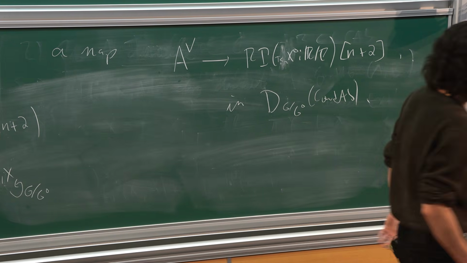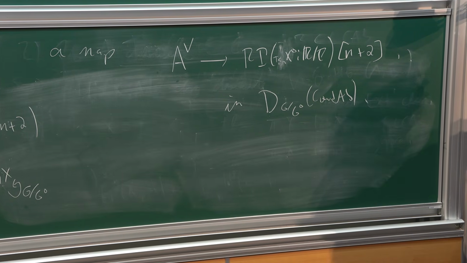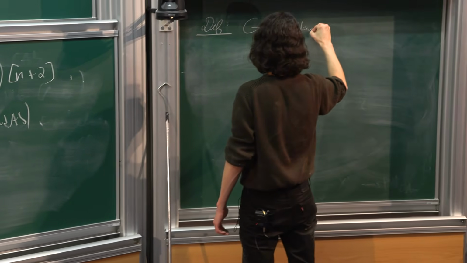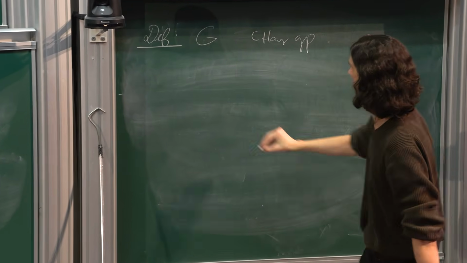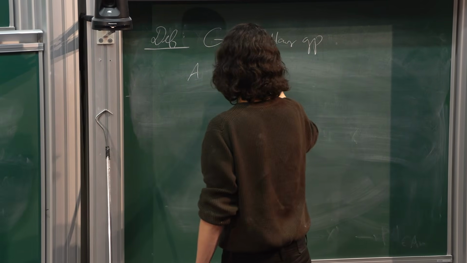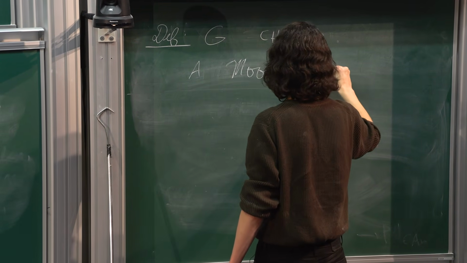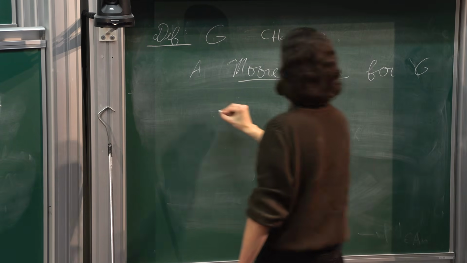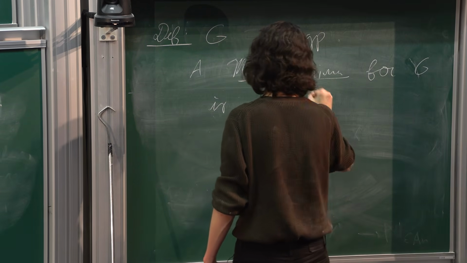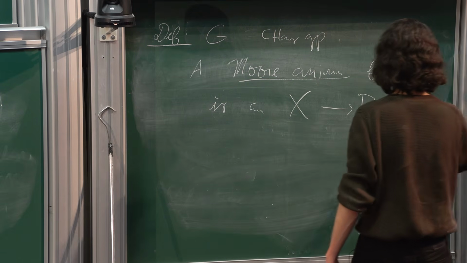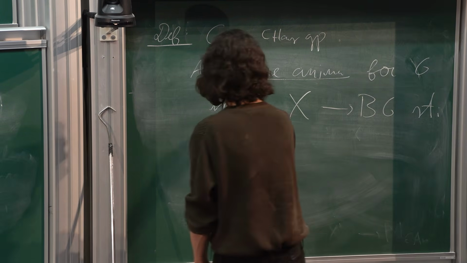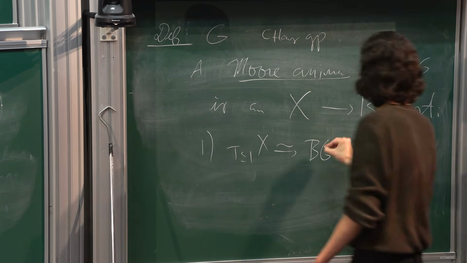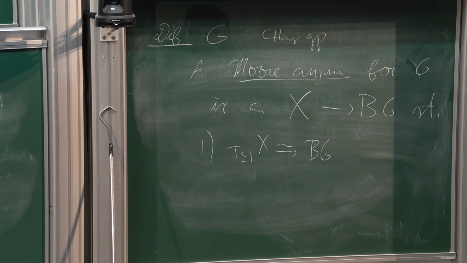So now let me make a definition. Let G be a compact Hausdorff group. A Moore anima for G is an X mapping to BG such that, first of all, we want that this is the first truncation.